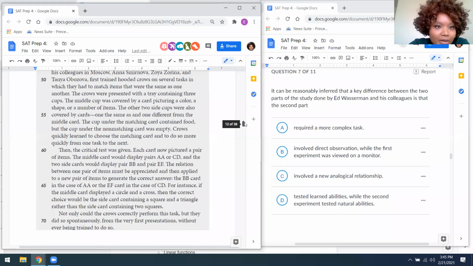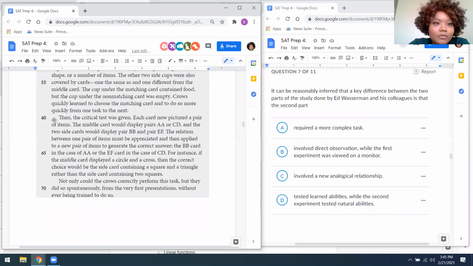Then it's describing more of the study, where the other two side cups were also covered by cards. So that's describing the study. Lines 60 through 64 start with, then the critical test was given.